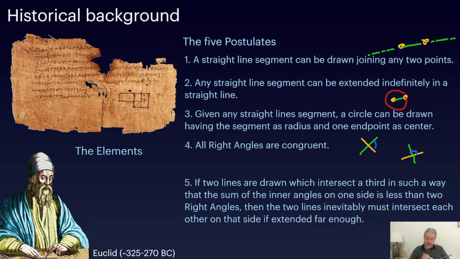So he somehow seems to be very hesitant to use the fifth axiom, and people at some point started to question whether perhaps this axiom is superfluous. Perhaps you can get exactly the same geometry if you don't have this axiom, and perhaps it's not an axiom but a theorem that follows from the first 4 postulates.